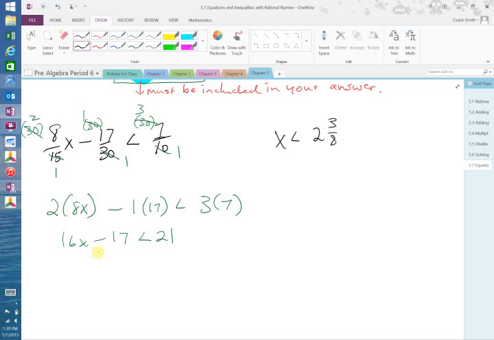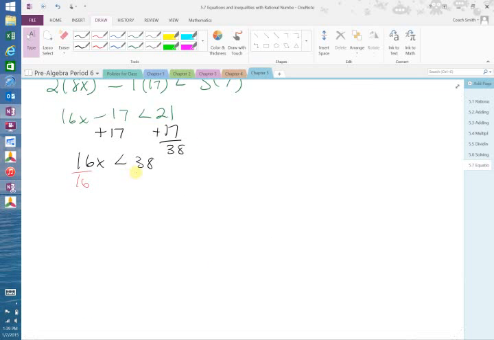So now we add 17 to both sides, giving me 16x is less than 38. Now you divide by 16 to both sides. 16 over 16 cancels out to 1, so it's just 1x, which is x, is less than 16 into 38. Goes 2 times, 32.